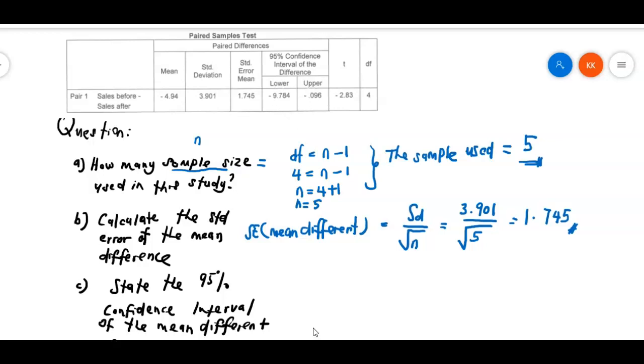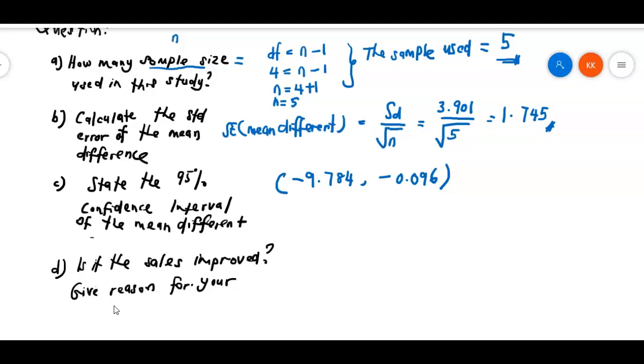So you just state semula jawapan lah. Right, so it's equal to negative 9.784, and make sure you write the lower part dulu baru the upper part lah. Negative 9.784 then comma negative 0.096.